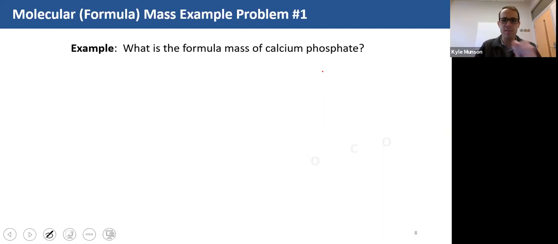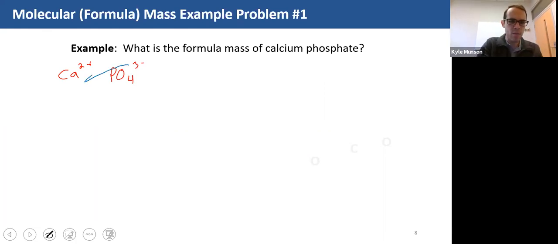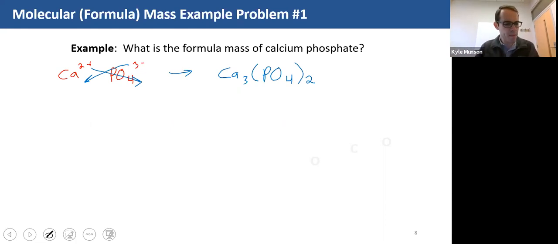So for calcium phosphate, we have a calcium ion, and if you look on your chart of polyatomic ions, this is the phosphate anion. Again, you cross their charges. So you get calcium, put in parentheses that polyatomic ion, 2. Okay, so this is our formula for calcium phosphate.